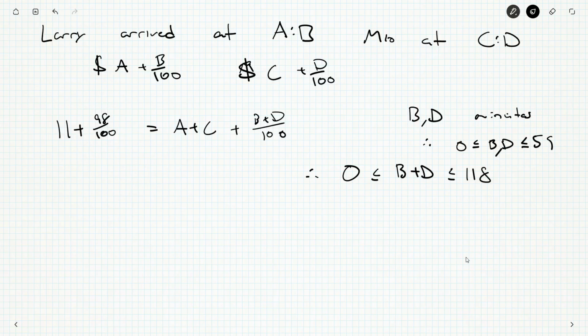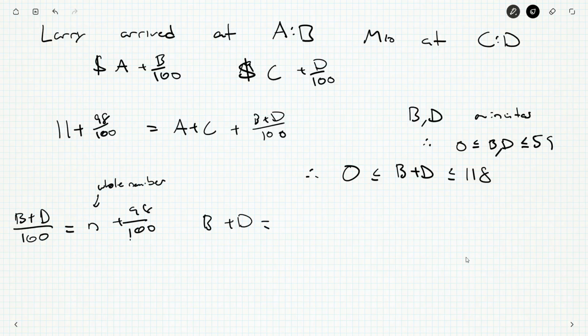Alright, so there is still potential for things to be carried over, or is there? B plus D over 100 needs to be equal to some whole number plus 98 over 100. But if I multiply everything through by 100, that means B plus D needs to be equal to 100n plus 98.